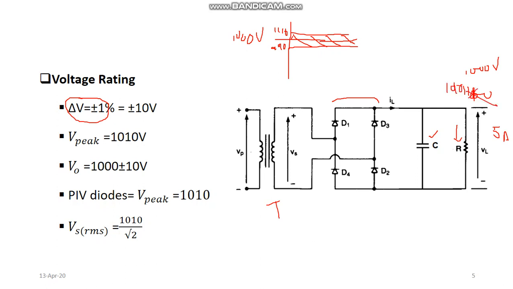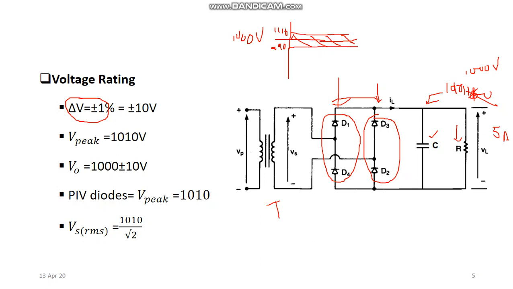1010 volt. Since this is in parallel with this capacitor, the same voltage appears over this node, and again this is in parallel to these two branches, D3, D2 and D1, D4. So 1010 volt will appear at this point and at this point as well.